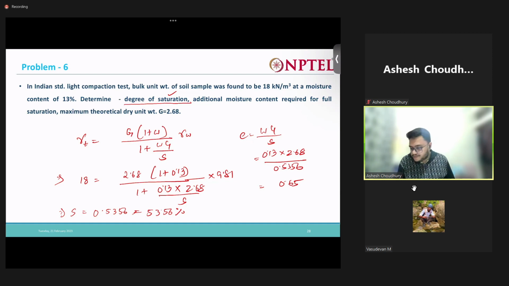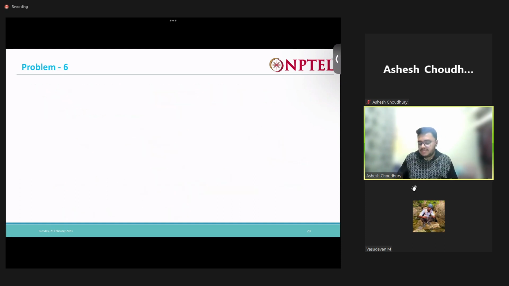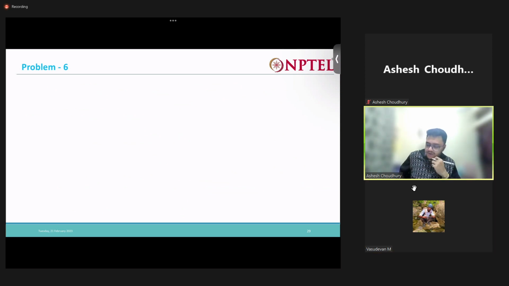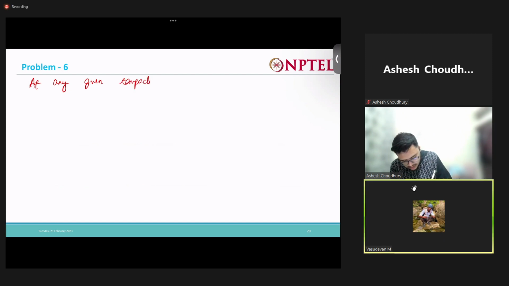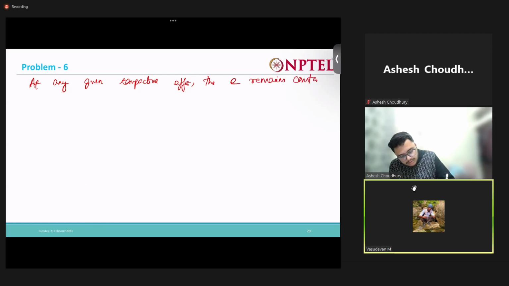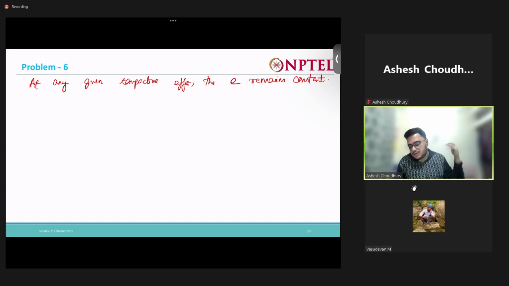Now the main conceptual thing comes. Always remember that at any given compactive effort, the void ratio will always remain constant. The e always remains constant.